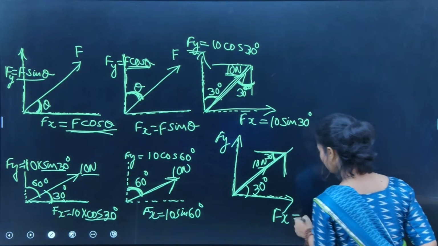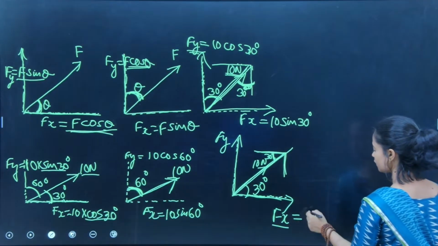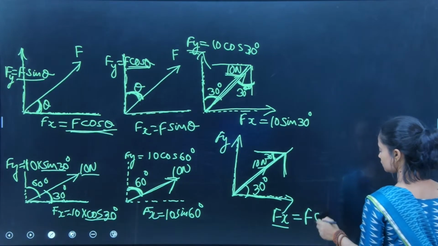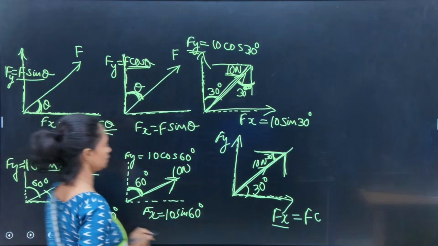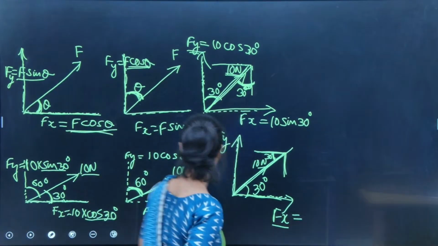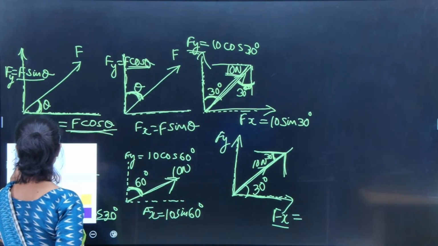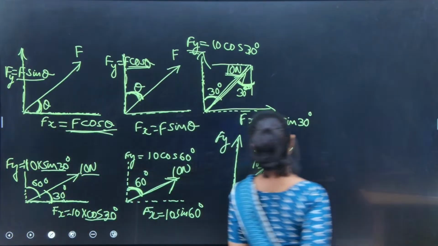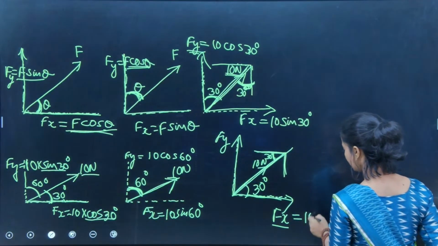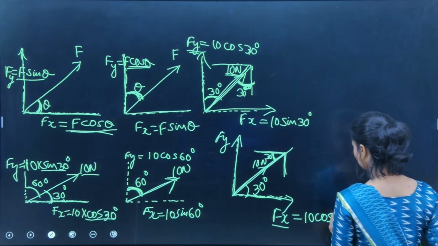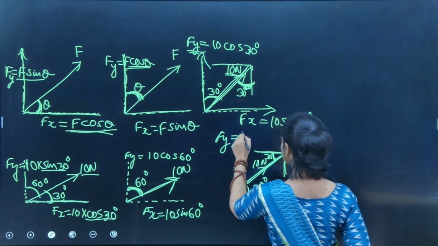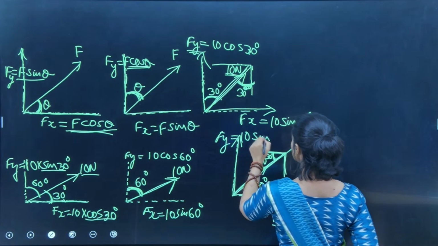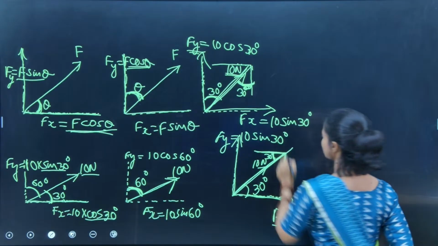So I will directly put the value. The x component will be 10 cos 30 degree and this is 10 sin 30 degree.